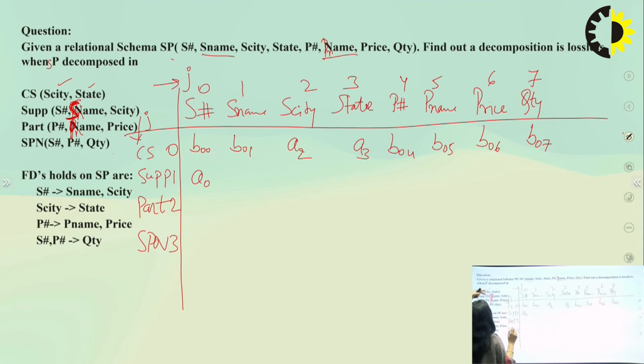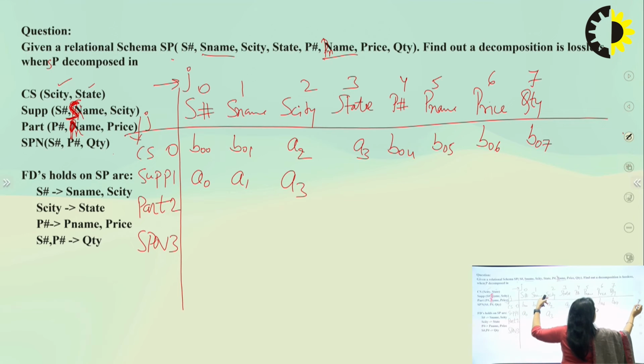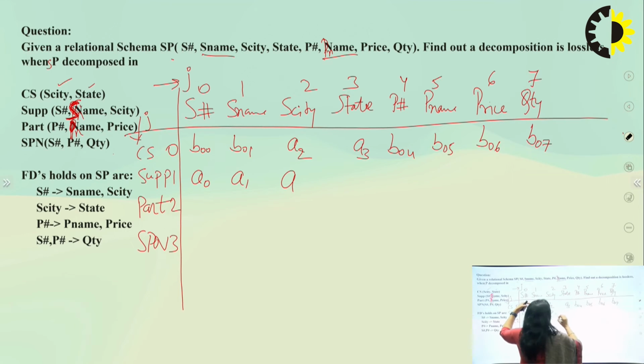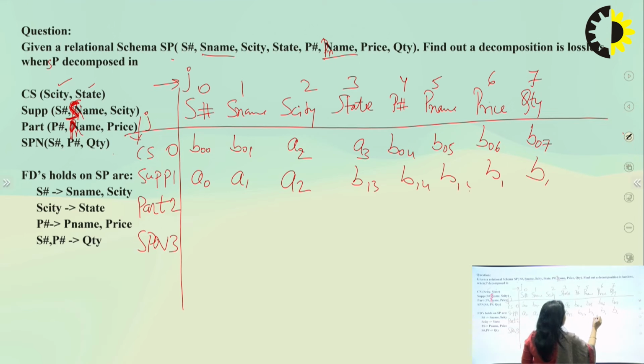Okay. So here we can see that S hash A0, S name A1, S city, sorry, not 3, it is basically 2. Okay. So it is 2. So only 3 attributes are here. All other attributes will be written as B with the suffix row number 1, 3, 4, 5, 6, 7. Okay.